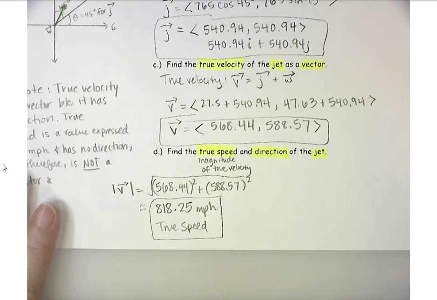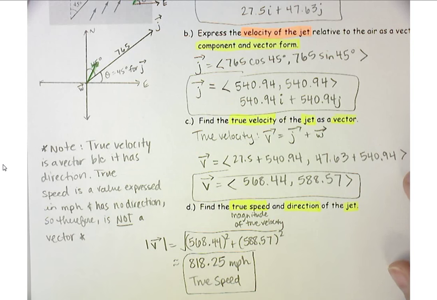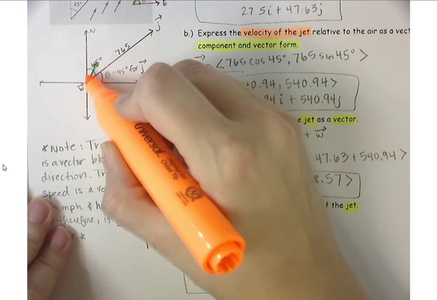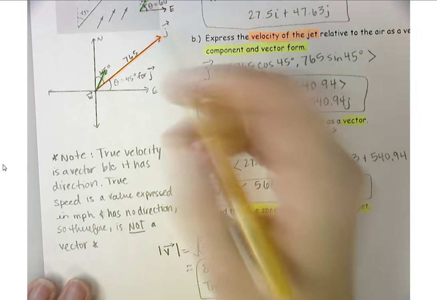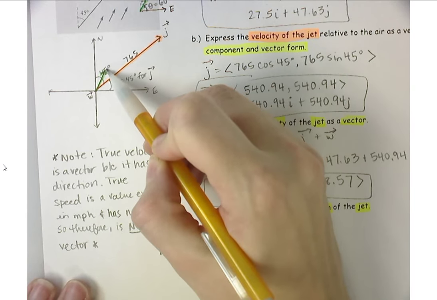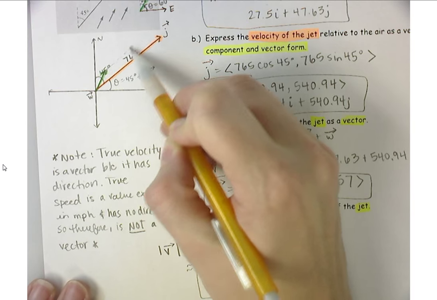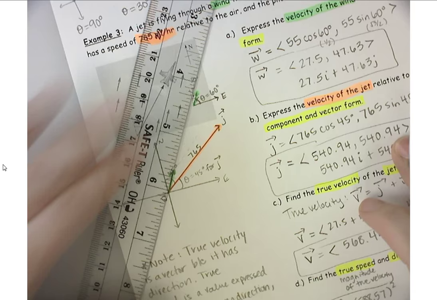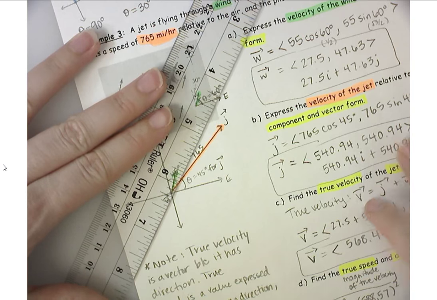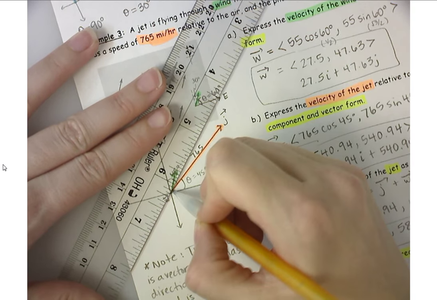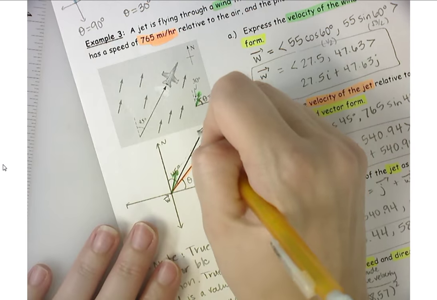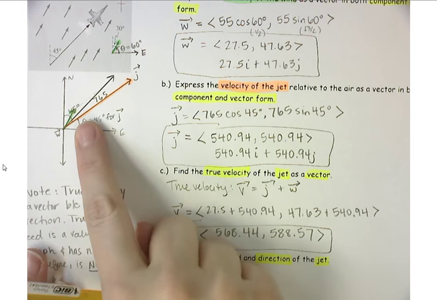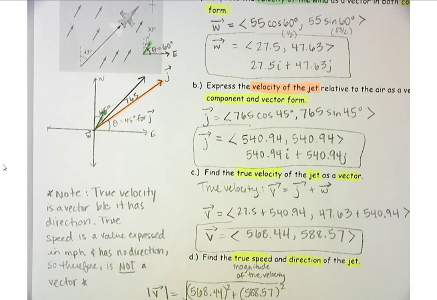Now we're going to do the direction. Okay, so when you're doing the direction, like I said, that's why I like to do the picture. That way I can visualize approximately what I should have. Because if I extend this and then I make the diagonal to the parallelogram, okay, I'm going to be somewhere in here. Correct? I'll put that in blue.